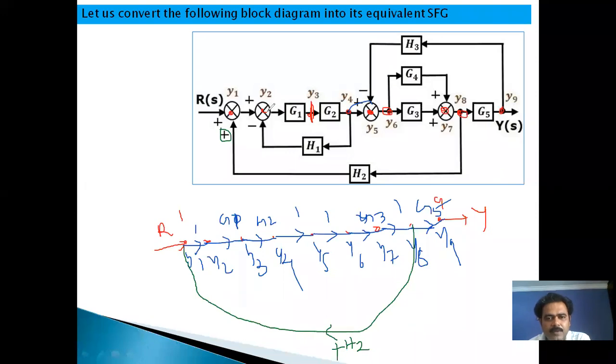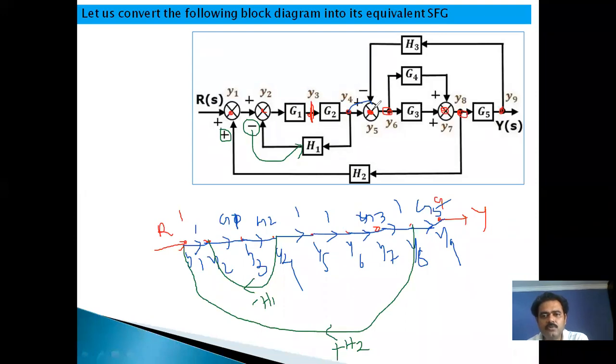Similarly, at y2, one more signal is coming from y4. From y4 to y2, the gain value is minus h1. Since this is negative feedback, we multiply with h1 and get minus h1. So from y4 to y2, the signal travels in this direction with gain minus h1.